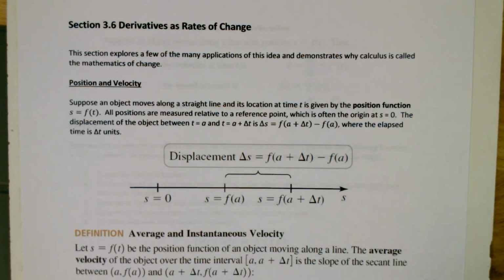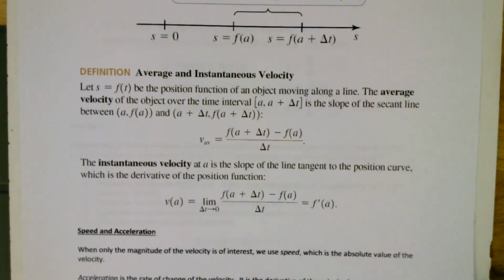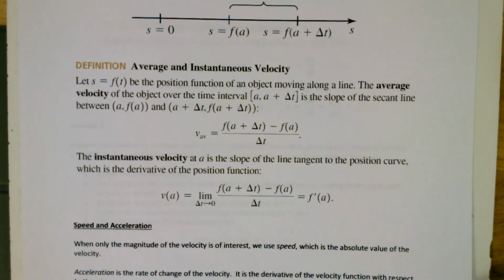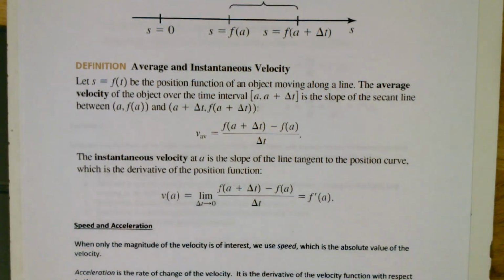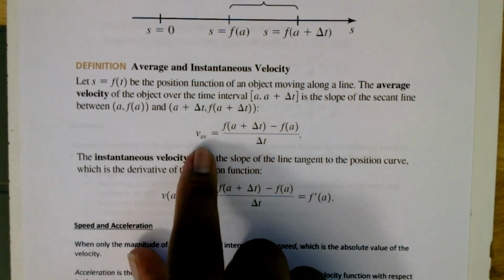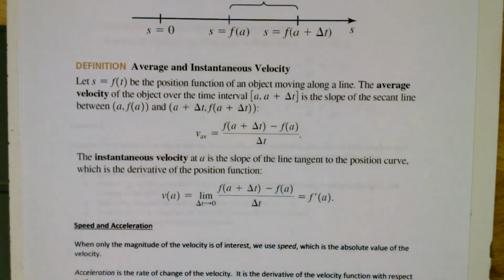All right, now let's look at a couple of definitions of average and instantaneous velocities. We should be familiar with those two formulas here. They're written in a different way, but they're basically the same. So average velocity would be v sub av, and then you have your instantaneous velocity.